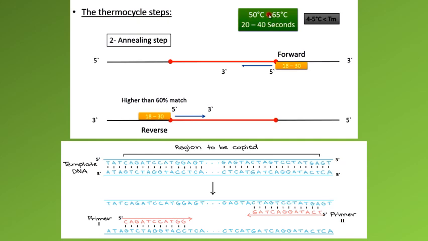Tm is defined as the temperature necessary to dissociate the double helix of DNA into two single strands, and it also indicates the duplex stability of the new structure formed by hybridization between template or target DNA and the primers.